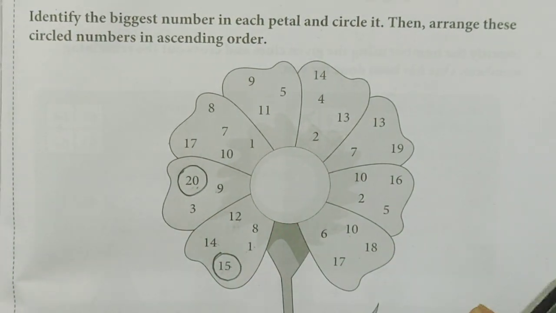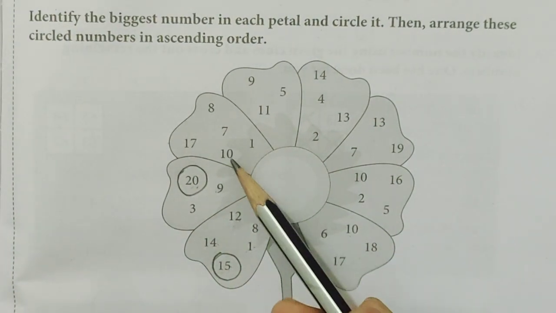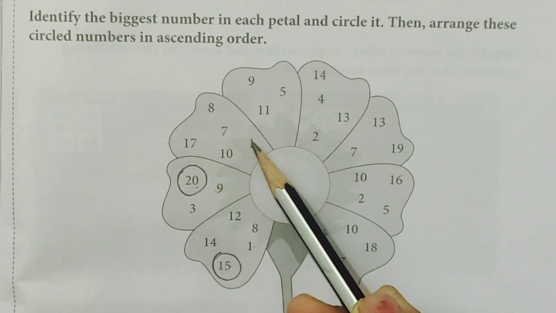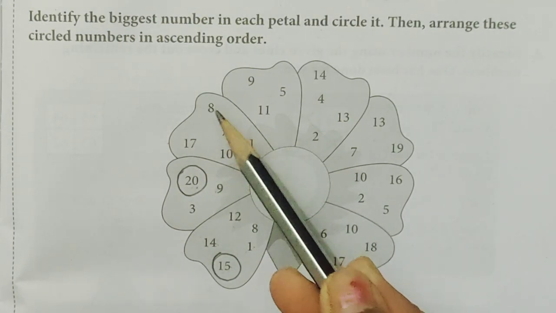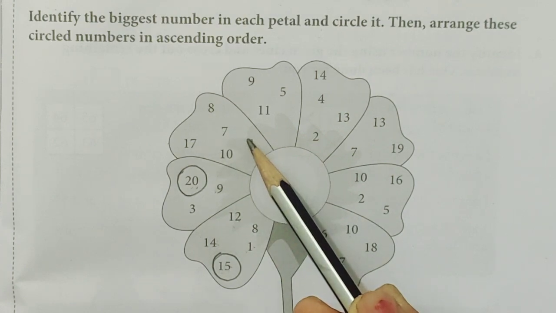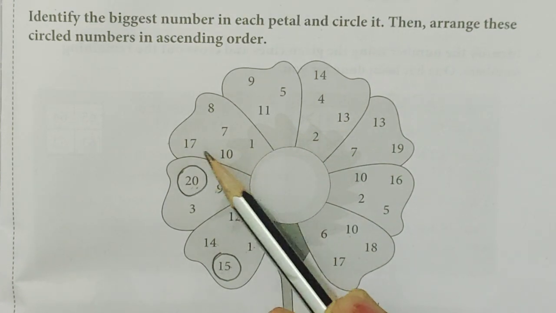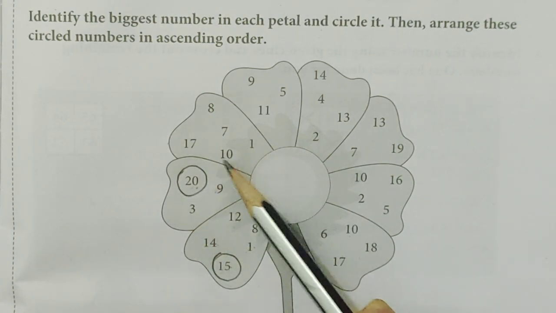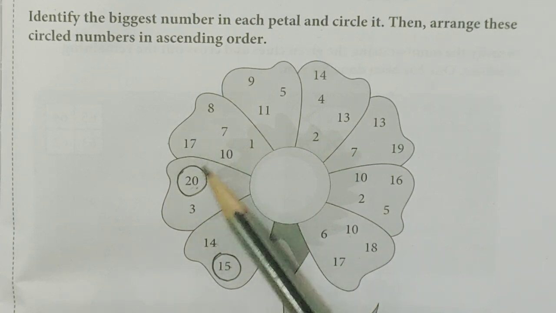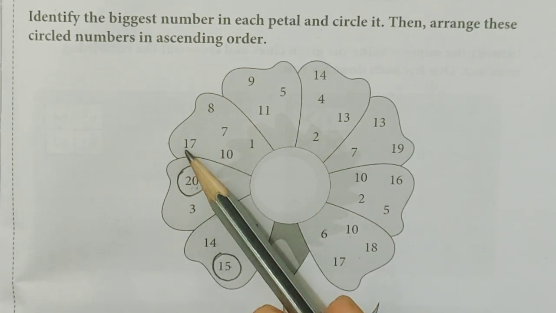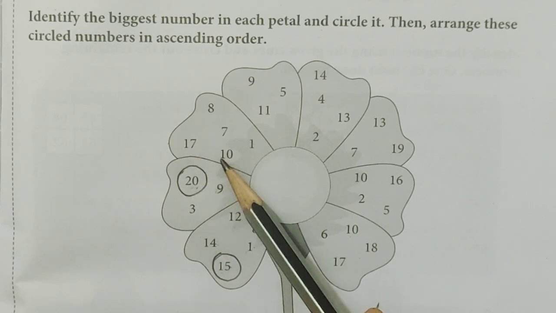Okay. Now next, see here 10, 17, 1, 7, 8. In this, 1, 7, 8 are 1-digit numbers. Now say which numbers are remaining? 10 and 17. Now next step, how to compare these numbers? See the numbers at the tens place. Here it is 1, here it is 1.